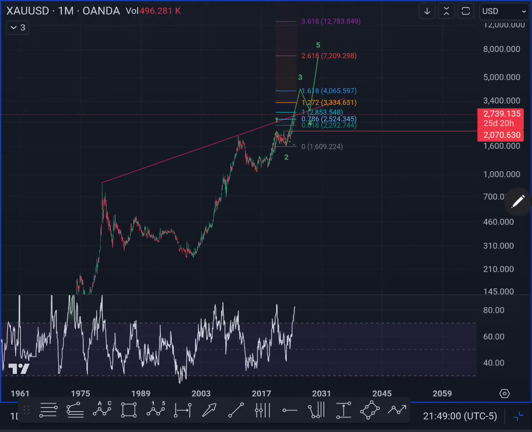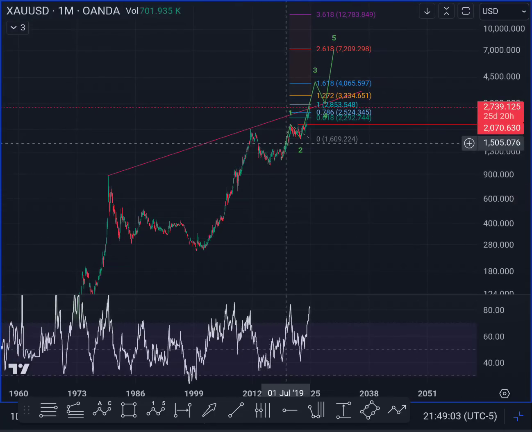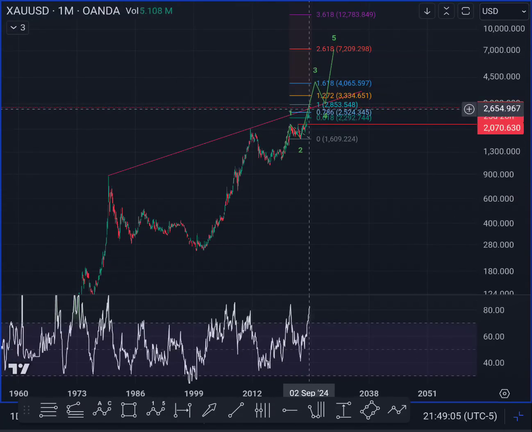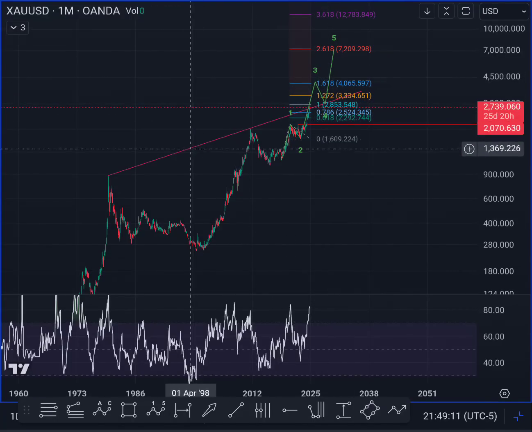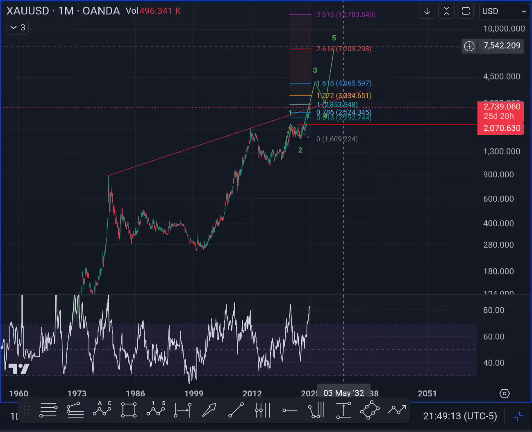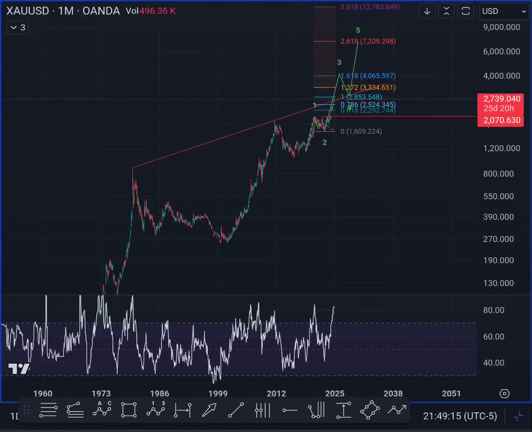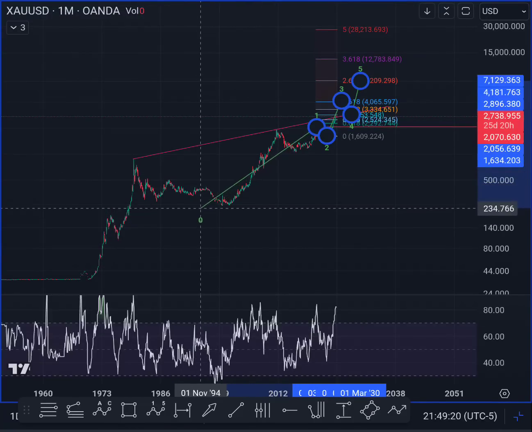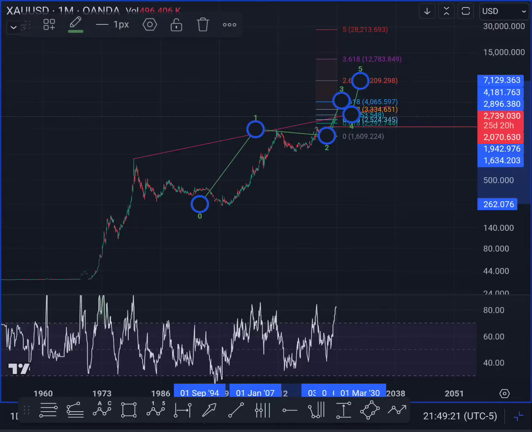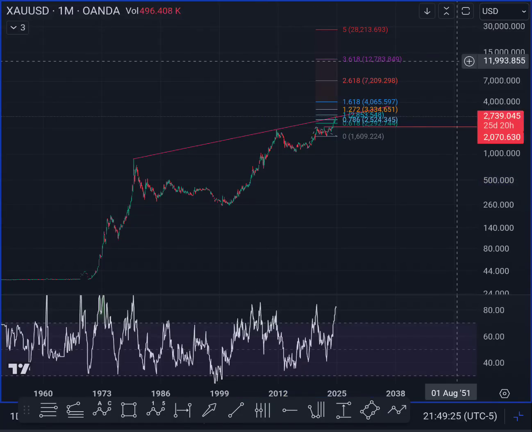So imagine that. If it was to break above this little resistance area up to the 1.618, maybe get up to the 5,000 area, pull back and back test that line and continue pushing. And this thing, shoot, it would probably go, let me get the measurement here.